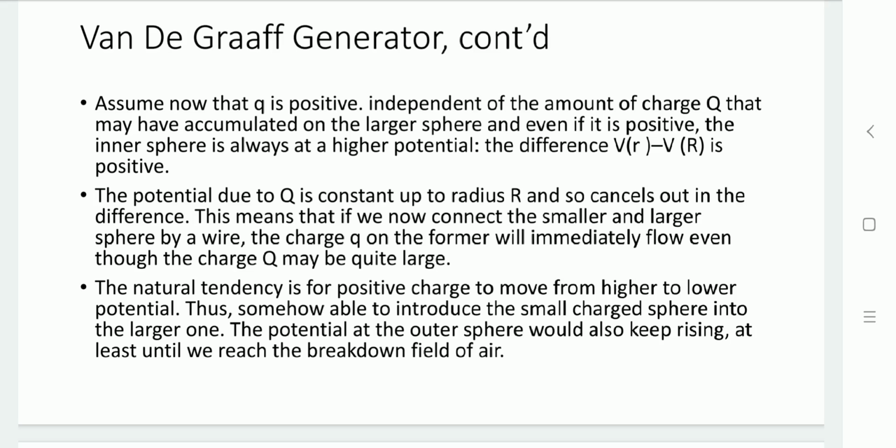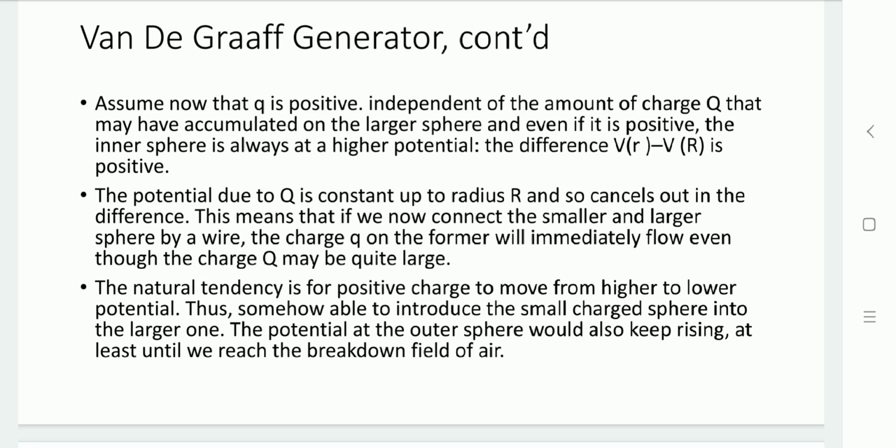So if we now connect the smaller and larger sphere by a wire, the charge q on the former will immediately flow, even though the charge Q may be quite large, and it starts to flow from higher to lower potential. The natural tendency is for positive charge to move from higher to lower potential, and thus we are able to introduce the small charged sphere into the larger one.